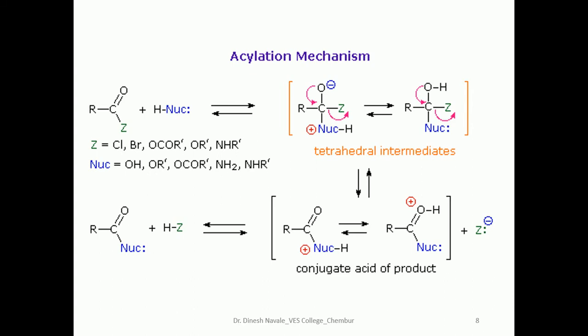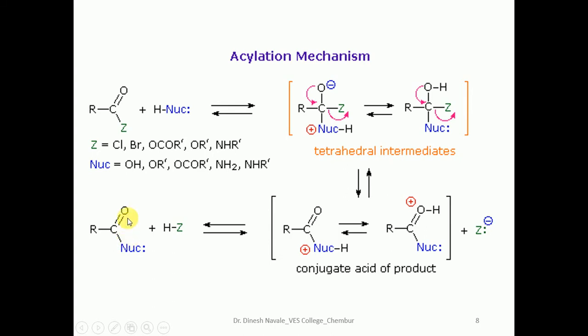The nucleophile attacks the carbonyl carbon, and we get formation of this intermediate. These intermediates interchange into each other, and we get formation of exactly the tetrahedral intermediate. This tetrahedral intermediate is further converted into the product. That means it is a nucleophilic substitution at the carbonyl carbon.